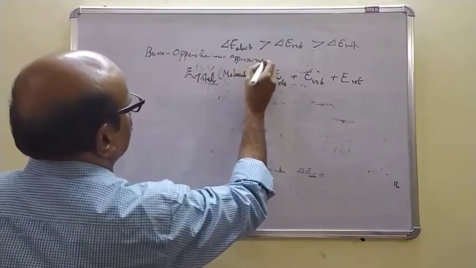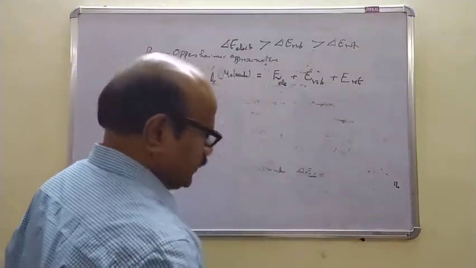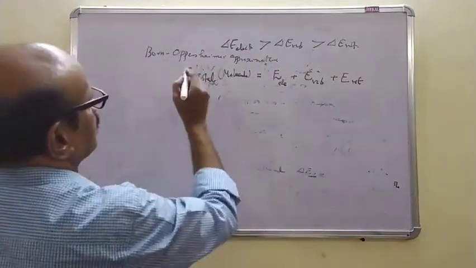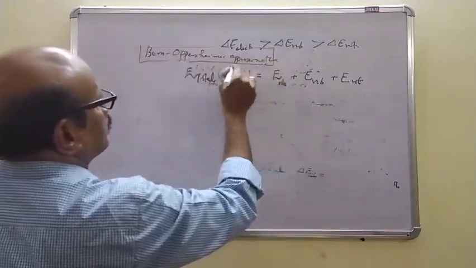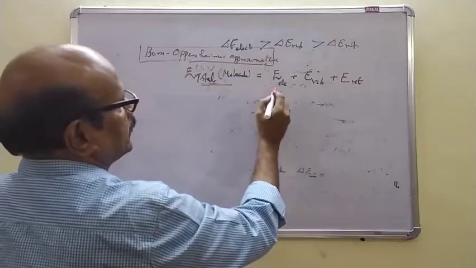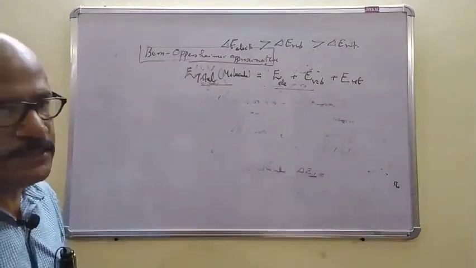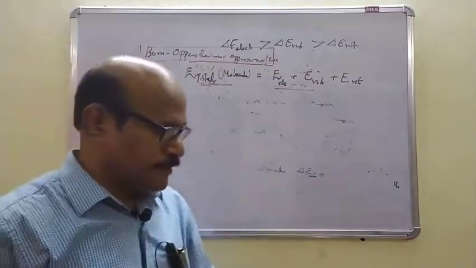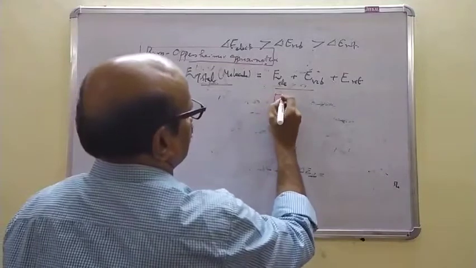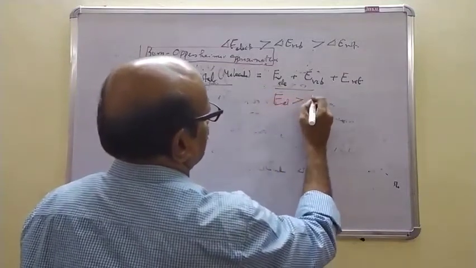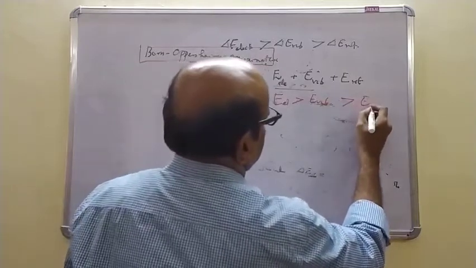So for the Born-Oppenheimer approximation, we assume that the total energy of any molecule is the sum of three independent quantized energies, that is E electronic plus E vibrational plus E rotational, out of which, as I already mentioned, E electronic is much greater than E vibrational, which is much greater than E rotational.